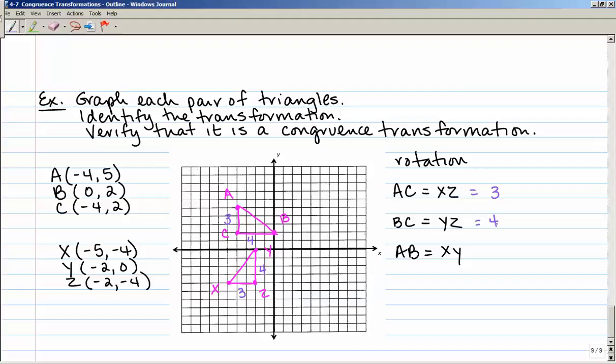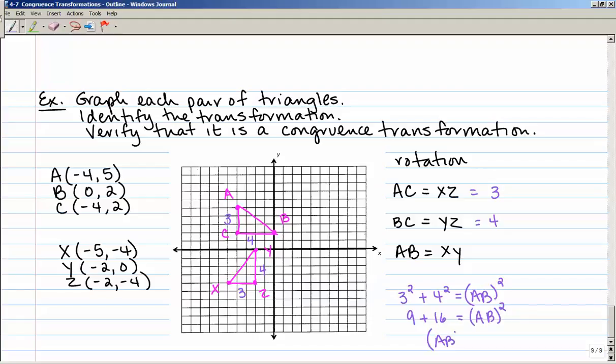Okay. And now this is a little more difficult. I can't just count the number of squares for AB and XY. But I know we haven't officially learned this yet, I could use the Pythagorean Theorem because actually both of them are 3 and 4. So I can say 3 squared plus 4 squared is equal to, I'll go with AB squared, or 9 plus 16 is equal to AB squared.